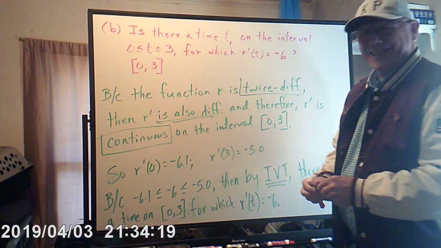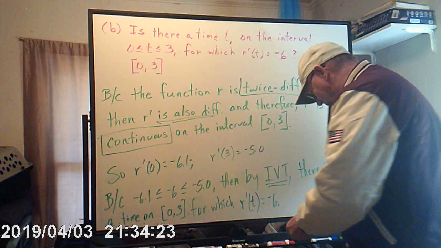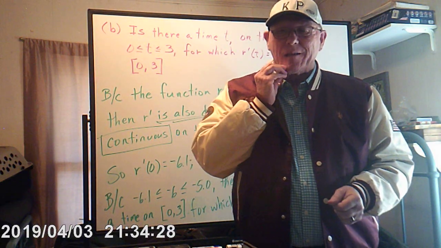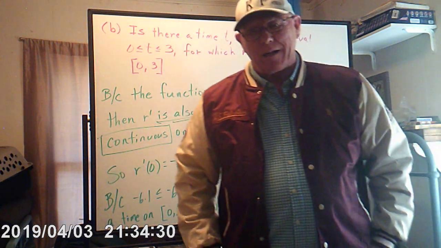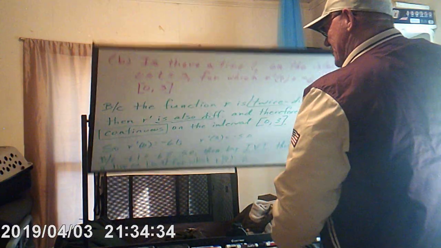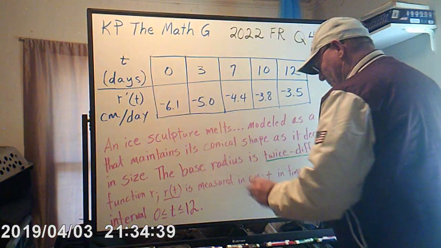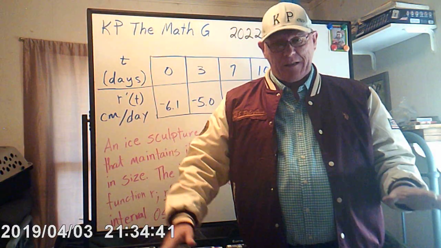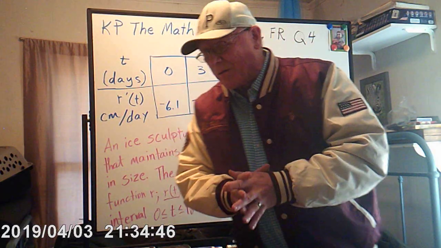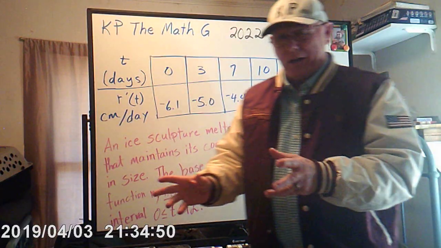There we go. Period. I love this problem, and I do believe that if you need anything, you probably need a little IVT problem somewhere in here. But pay attention to the words when you start off. You might be looking at IVT because they say twice differentiable. You say, oh, continuous. And remember, continuous does not necessarily mean differentiable. But here when we see differentiable, it is automatically what?